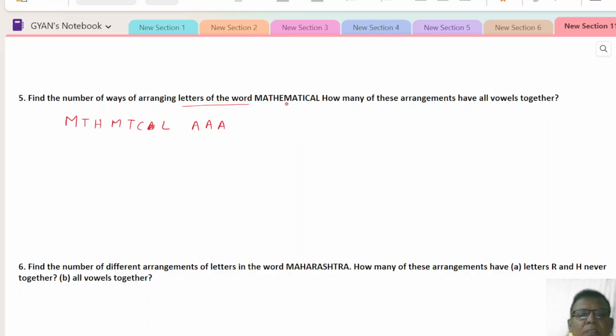And E 1 time, and I 1 time. So this is consonant and this is vowel. M 2 times and T 2 times. So total consonants 7 and vowels 5. So that is 12.